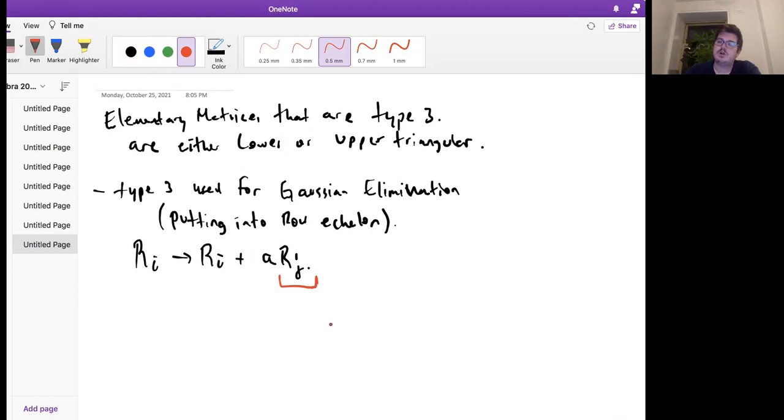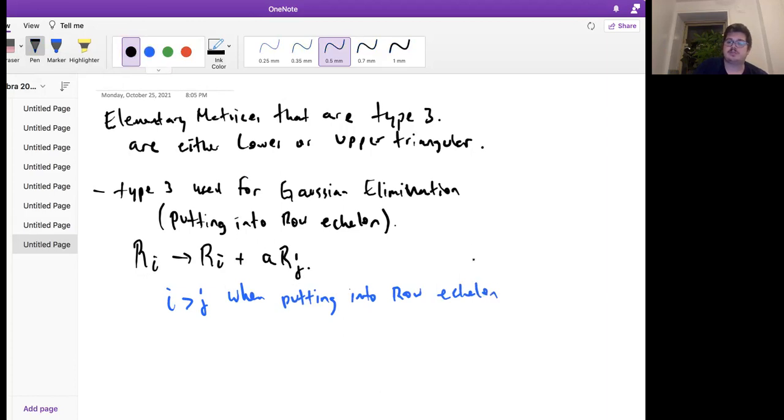So when you use a row to cancel out another row in Gaussian elimination, this row I is going to be further down, right? I is greater than J when you put into row echelon form. Sorry, yeah, into row echelon.